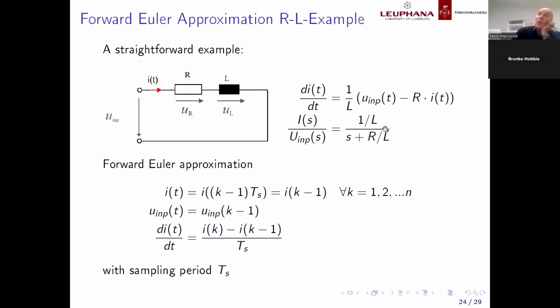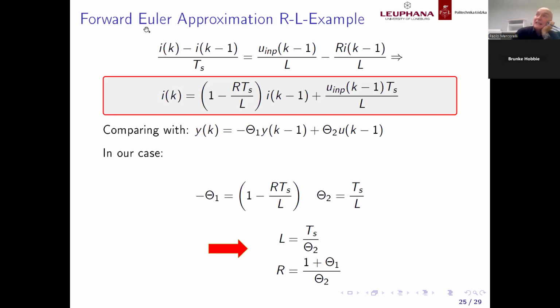You can see that I have two parameters to be estimated, parameter R and parameter L. And during the discretization, we can see that the structure allows me to write a possible model which consists of two parameters, because I need in any case two parameters, but also we can see, in accordance with the dynamics, that I need, for instance, just one past output, the present output, of course, and just a past input.